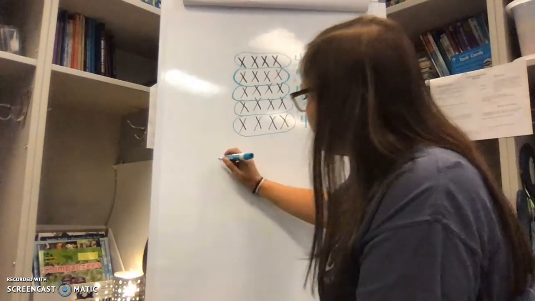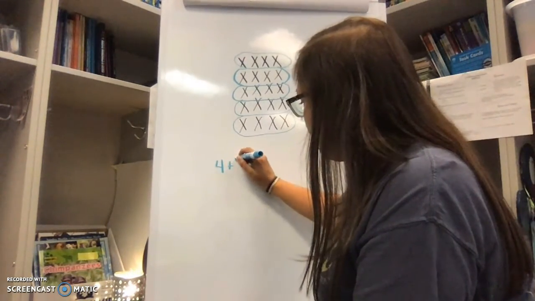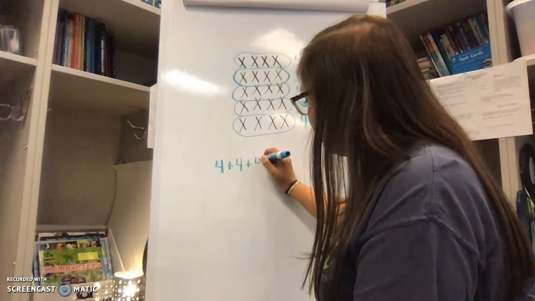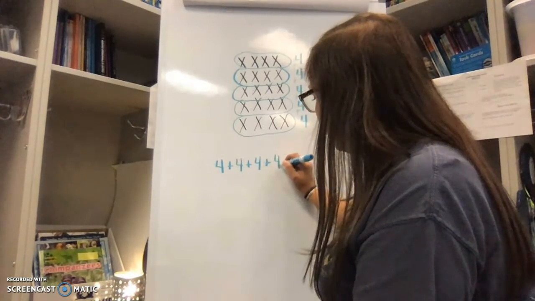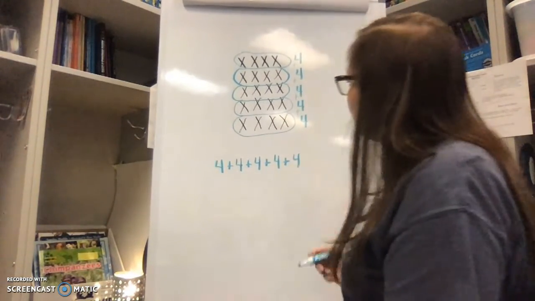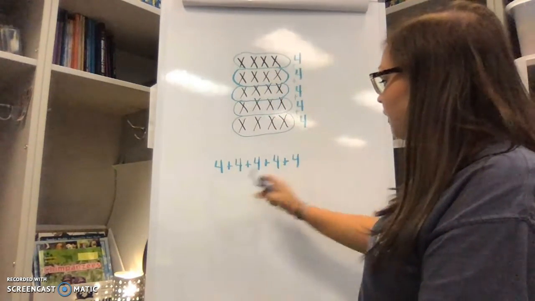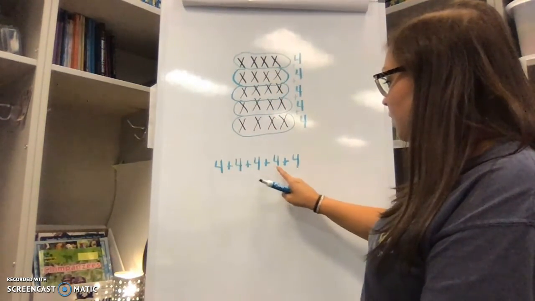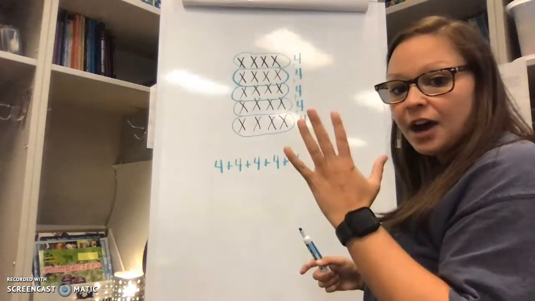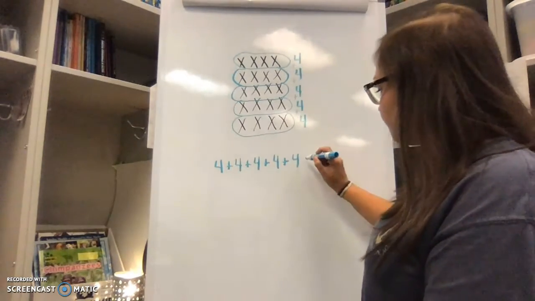So if we add these together, when I'm writing my repeated addition sentence, I want to make sure that I have the correct number of 4s. 1, 2, 3, 4, 5. 1, 2, 3, 4, 5. So I have 5 4s.